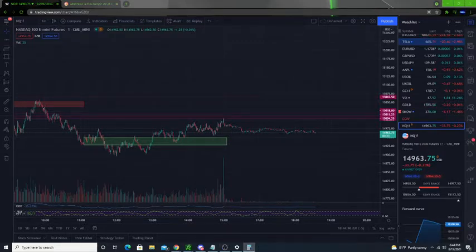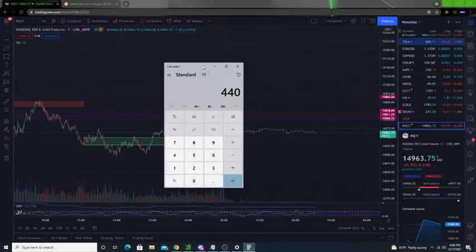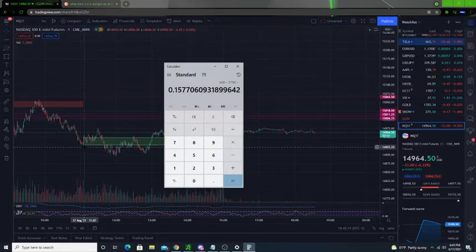So, what I was talking about with the $440 that you would have made, that's off of trading with 2,970. Let's take 440 divided by that. Wow, that's 15.7% on the day, and you're done by 11 o'clock in the morning.